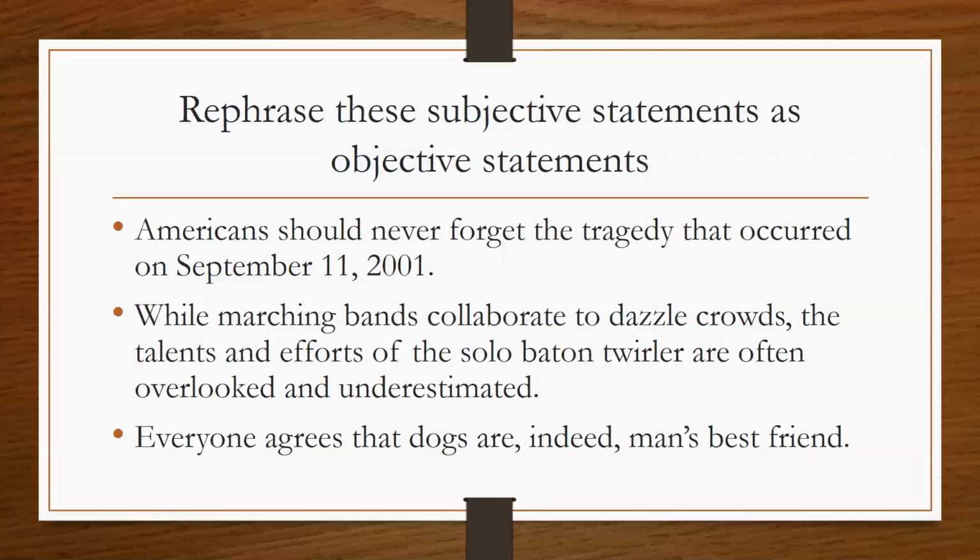Everyone agrees that dogs are indeed man's best friend. One of the problems here is that we see opinion, and it's a person's opinion that would be pretty easy to dispel. Does everyone really believe that dogs are man's best friend? We have to be careful about words like everyone, everybody, always, never.